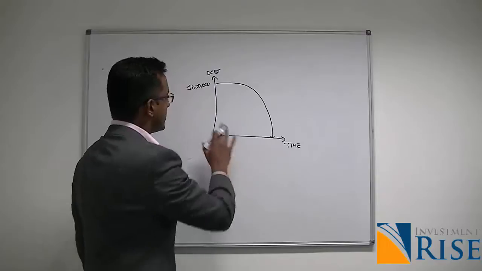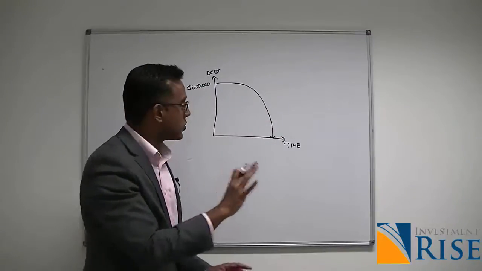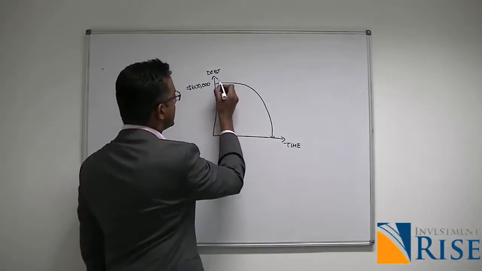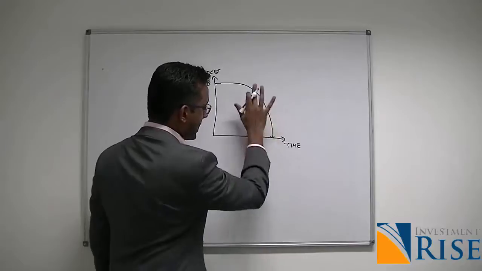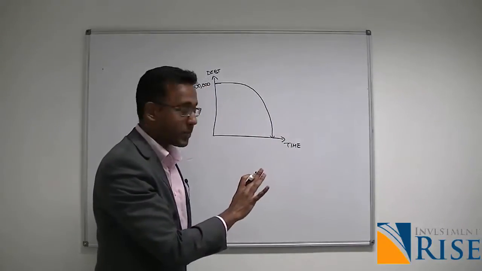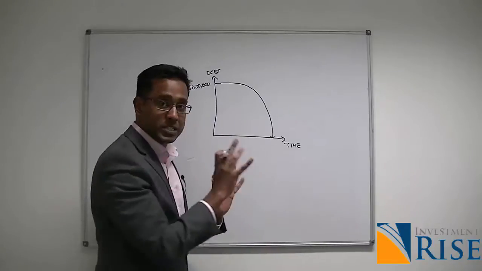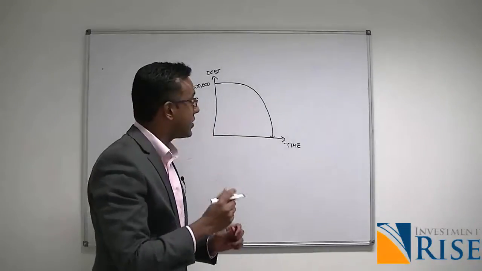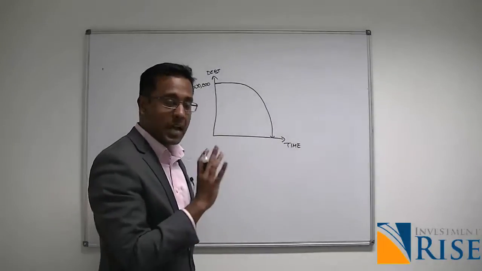So this curved line is how quickly you pay off your mortgage. As you can see, initially you hardly pay it off at all, and then it gets faster and faster over time. That's how quickly you pay off your loan, which is something we will look at in another video. But what I want to look at now is the difference between principal and interest and interest-only loans.